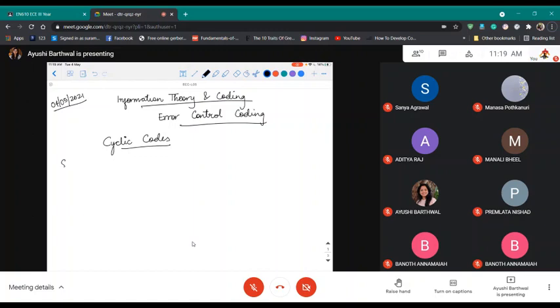Like we have studied when we talk about systematic codes. Suppose this is an n-bit systematic code, it is easier for us to identify. We are defining the code word by vector v. It is easier to identify message bits.